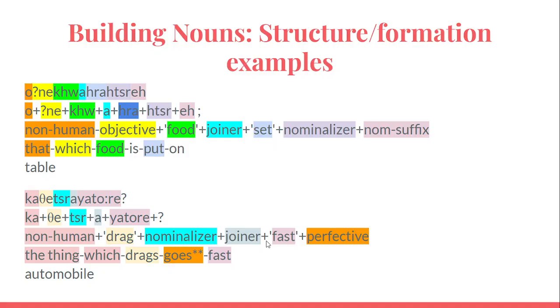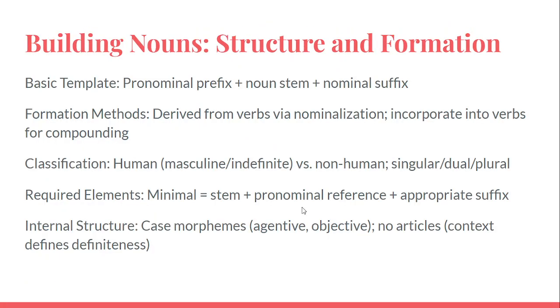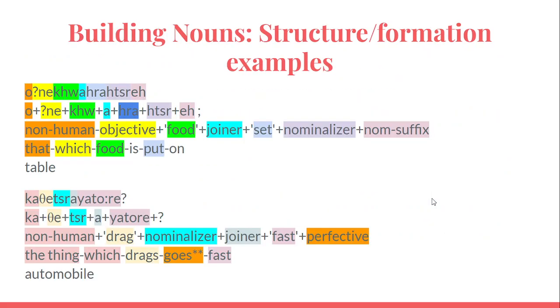For the most part, that appears to be the way that it's constructed, because food and set are in the middle of the word here. Food joiner set, and I marked this in the wrong color. But that which food is put on is a table, and the thing which drags and goes fast is an automobile.